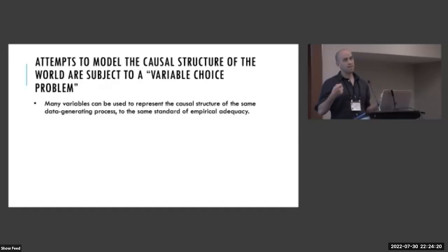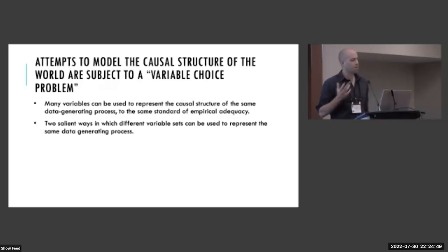You can fit a Bayesian network with those variables to your data. And then depending on the variables you choose, you'll get different Bayesian networks. And there isn't a further standard that you can appeal to to say which of these Bayesian networks is the right representation of the world, right? The causal structure of the world is underdetermined by the data that you get once you've made a particular variable choice or another, right?